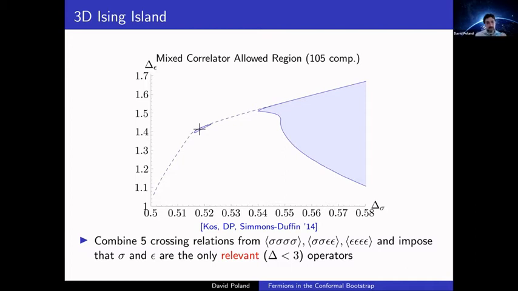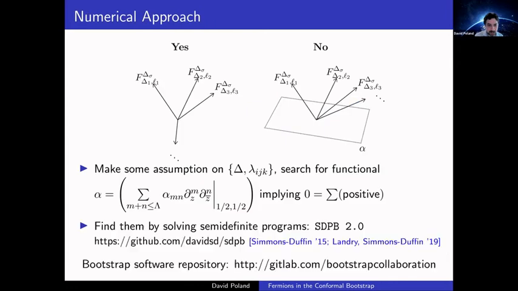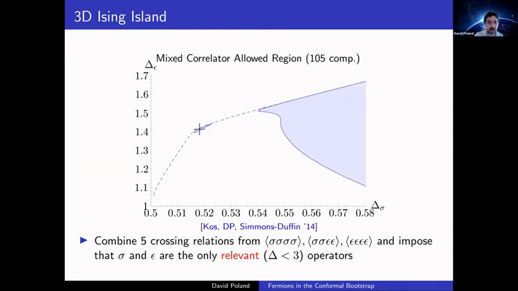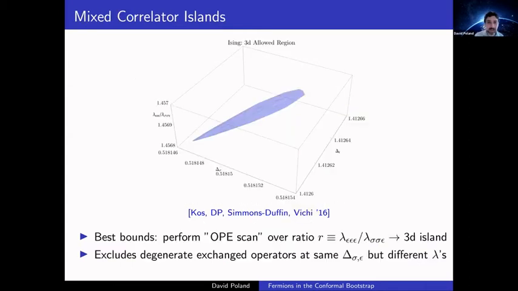And by pushing the numerics further, I mentioned way back here that we take derivatives up to some order capital lambda, so we can increase the search space for this functional by increasing lambda, and see how small we can shrink this island by throwing more and more computing power at it. And we can make it quite small.